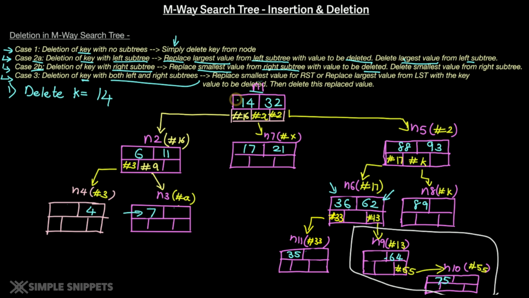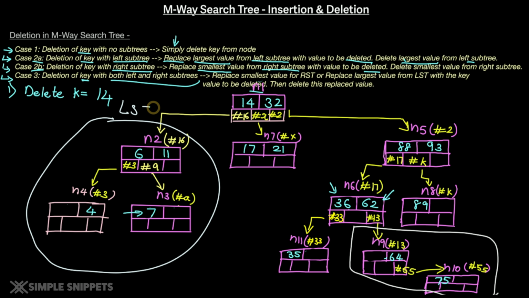Now inside N1 we have 14. 14 has an entire left subtree, which is this whole part, the LST for 14, and the right subtree is this part. Correct? Now in this case, you can either replace the smallest value from the right subtree or the largest value from the left subtree. You have an option with the key value to be deleted, and then you have to delete this replaced value.